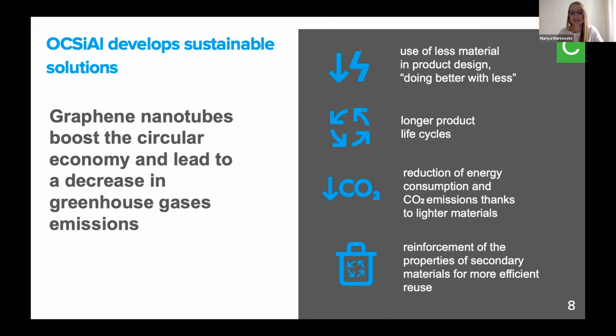On the other side, the obtained products demonstrate longer life cycle and higher energy efficiency. And as a result, this decreases the amount of materials needed and lowers the CO2 emission from its manufacturing.